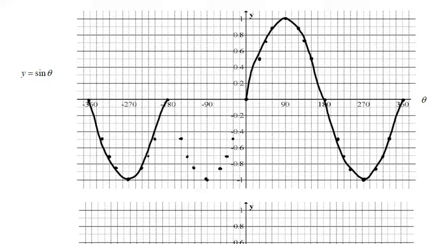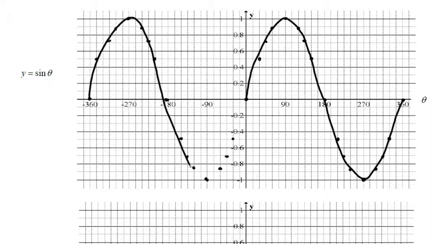I missed it. Never mind. Go 2. Go 1. 2. There, sine curve, negative 360, 360.